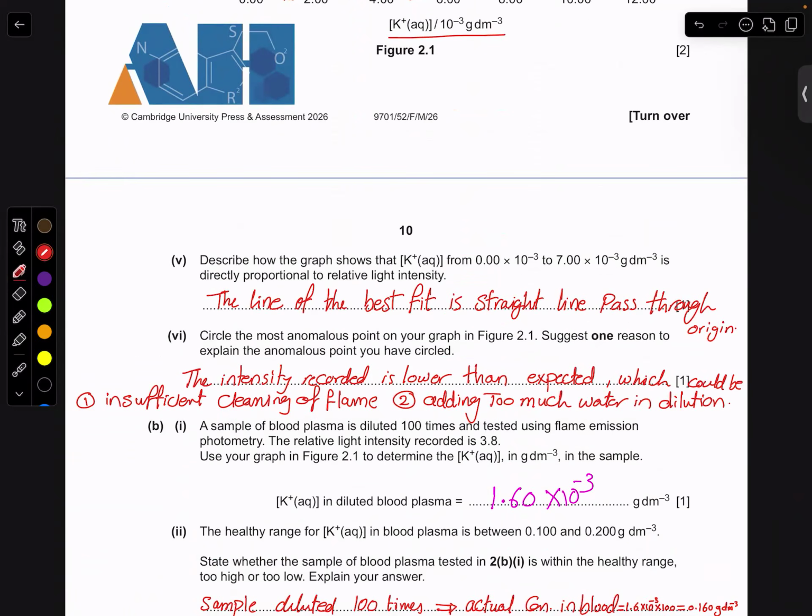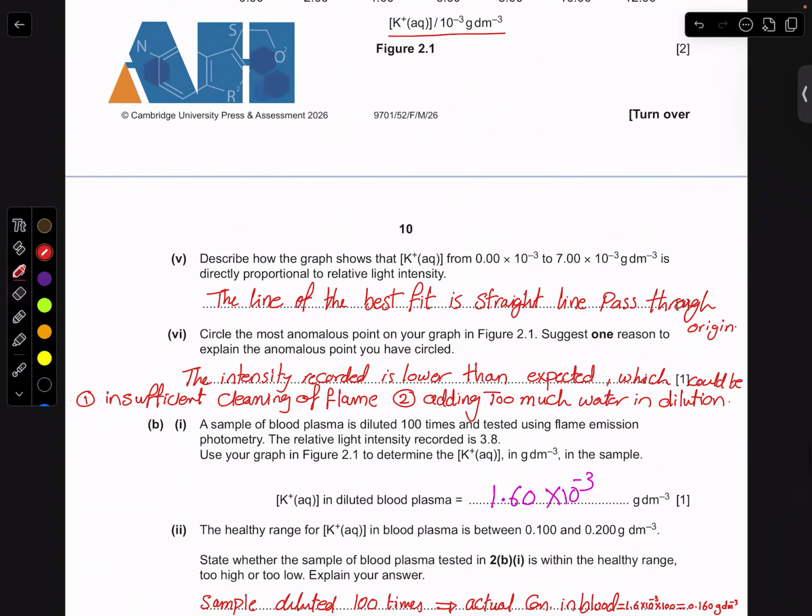This may happen if we consider that the 6 times 10 power minus 3 concentration is correct and we prepared it correctly. So the flame may not be clean, so that it doesn't produce the suitable light intensity. Maybe insufficient cleaning of the flame is why it doesn't produce this intensity.